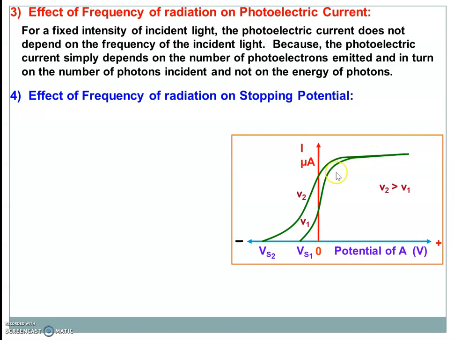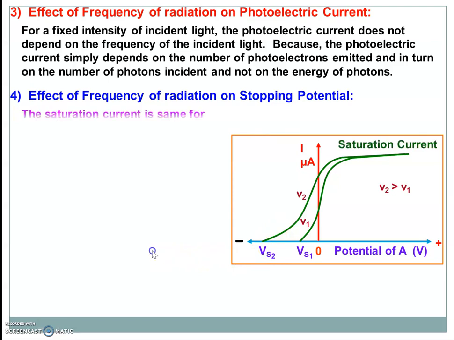For a certain frequency, we will get a cutoff potential at a certain voltage, that is Vs1. Now further, if we increase this frequency, keeping intensity the same, the cutoff potential will be more negative, that is Vs2.